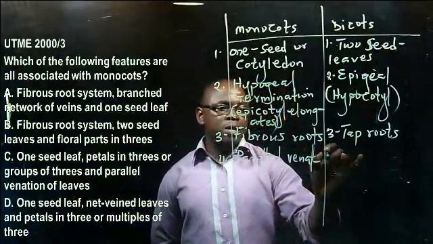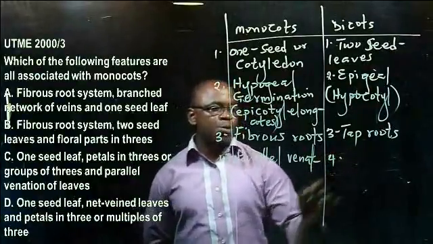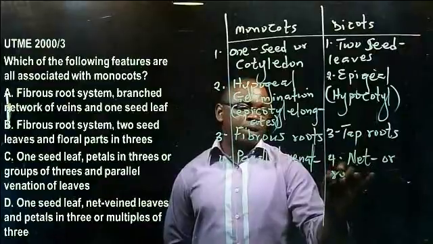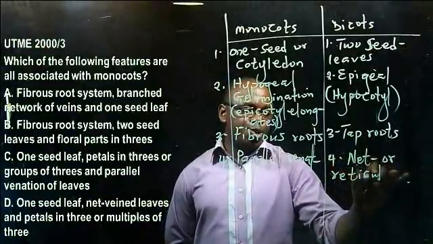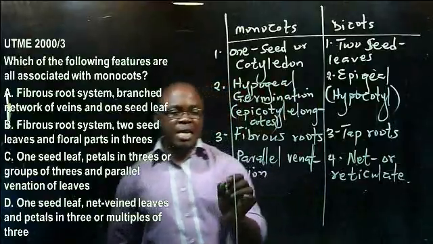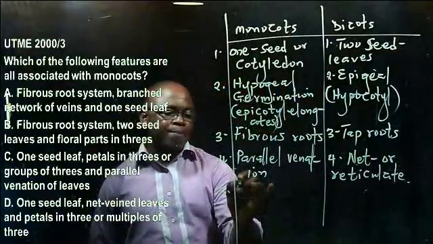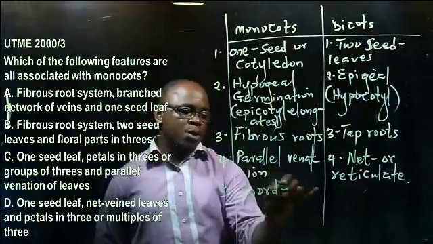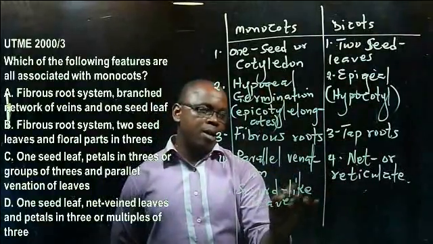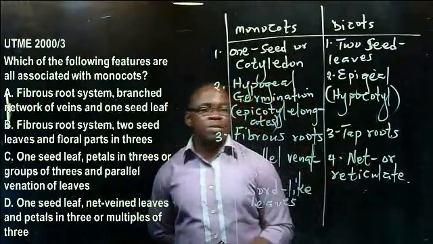In the case of dicots, they exhibit net or reticulate venation. We mustn't also forget that the leaves of monocots are sword-like, unlike dicots that do not possess sword-like leaves.